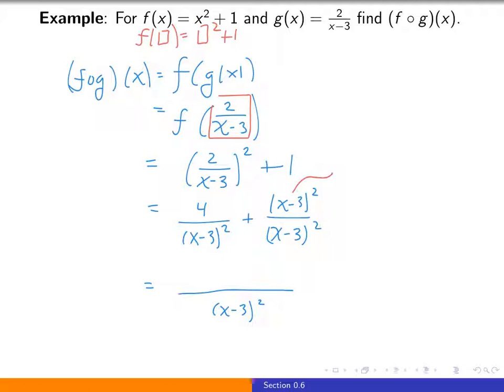So x minus 3 quantity squared is x squared minus 6x plus 9. But remember, along with that plus 9, we have a plus 4. So that ends up with plus 9 plus 4, which is a plus 13.